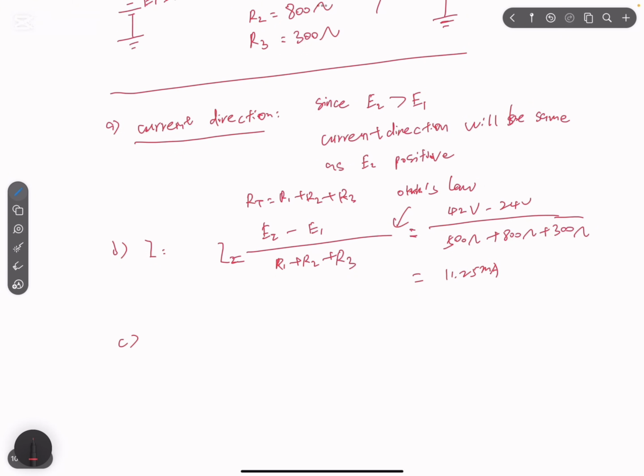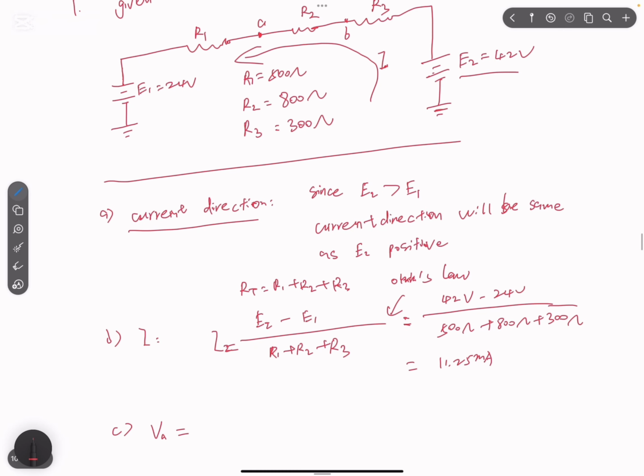After we get the current, we can find VA, the voltage at point A. We have the current here, so we can find the voltage drop here and then E1.